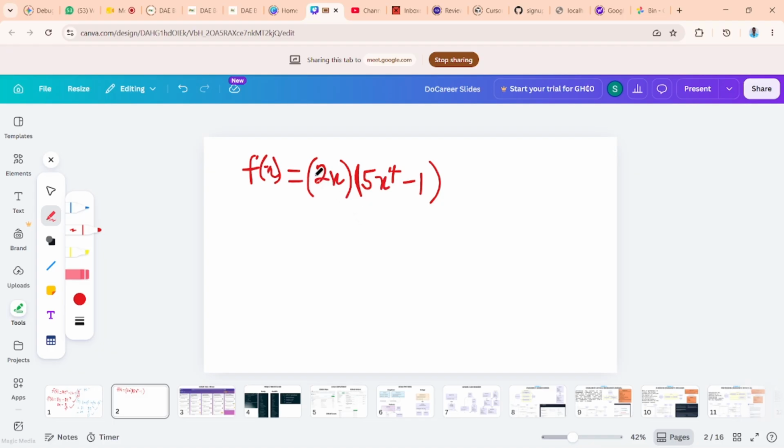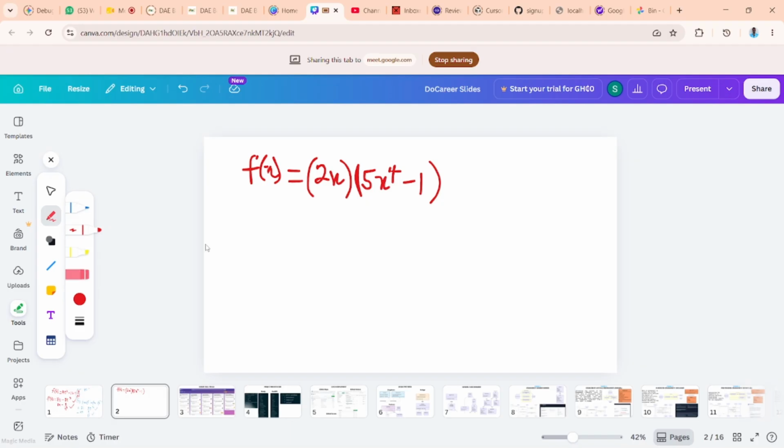What people will do is expand this: 2x times this gives 10x to the power 5 minus 2x. Then you differentiate this to give 50x to the power 4 minus 2. This answer is valid. But we are going to learn the product rule, because what they will actually give you will not be as simple as what we are seeing here. So we are going to use these simple questions to learn how to use the product rule.